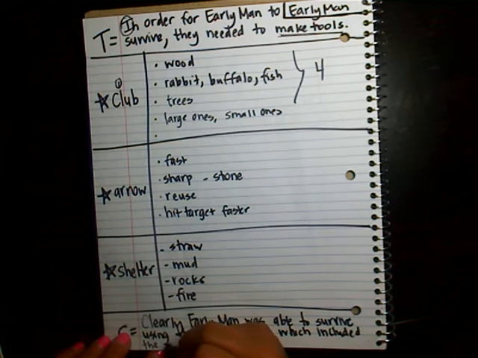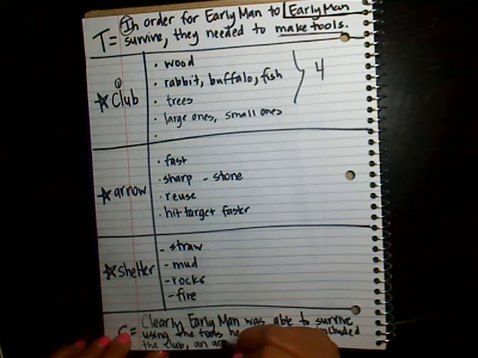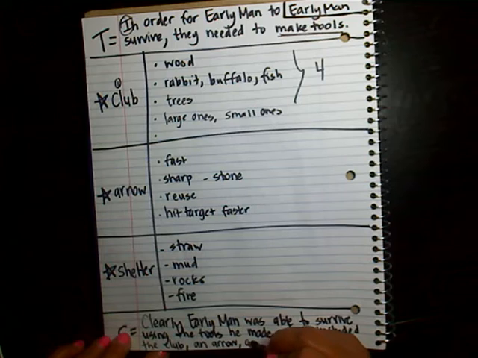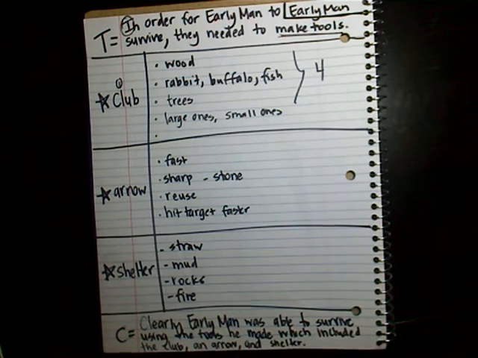The club, comma, an arrow, comma, and shelter. Okay, and I'm going to put a period right here.